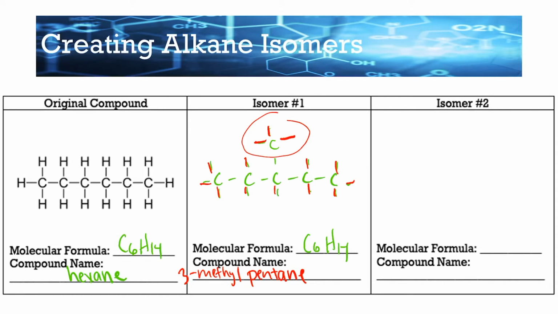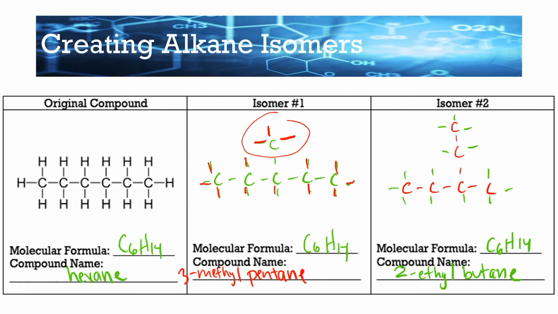With number 2, another example that you could do is 1, 2, 3, 4, 1, 2, and now each of these green dashes represents an H. Now this formula is still C6H14, and this is named 2-ethyl butane. But is it? The longest chain is 4 carbons. Actually, hold on.